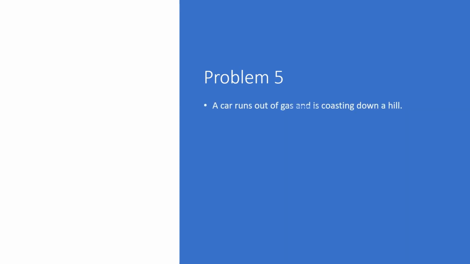One more problem here. A car runs out of gas as it's coasting down a hill. No gas means I can't use the gas, right? So I can't accelerate with gas. What's going on here? Well, I've got gravity, right? I'm not falling through the asphalt, so there's got to be some sort of normal force counteracting that gravity.